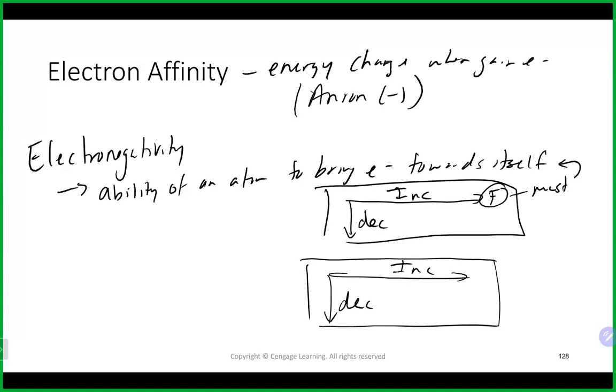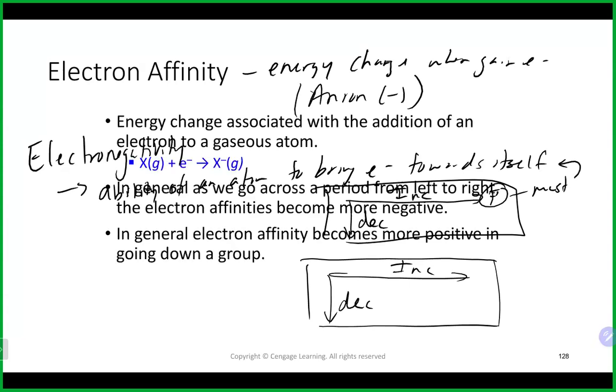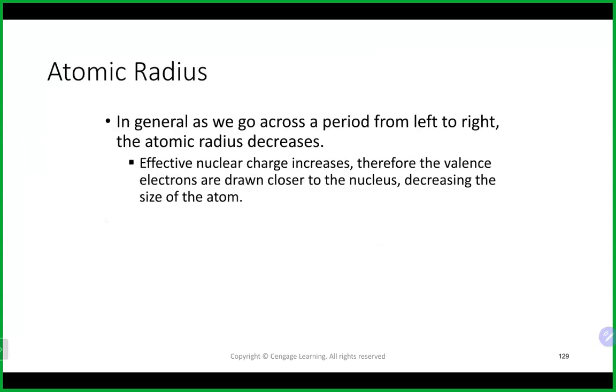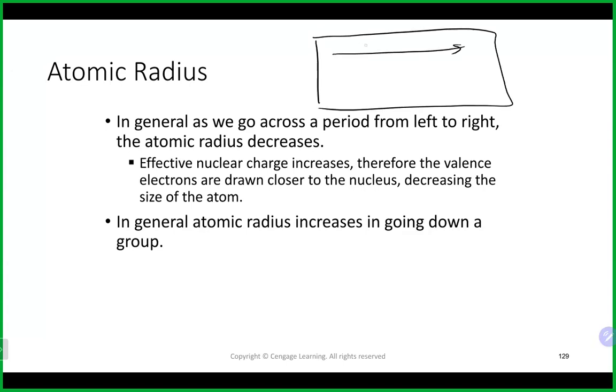The last trend that ties all this together is that as we go up and to the right on the periodic table, the atomic radius decreases. So as we go up and to the right, the size gets smaller, and as we go down and to the left, the size gets larger.